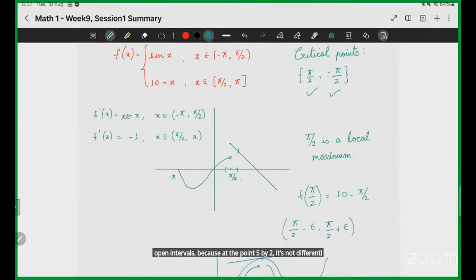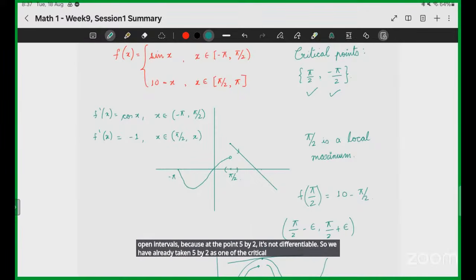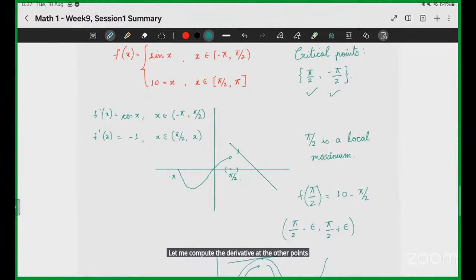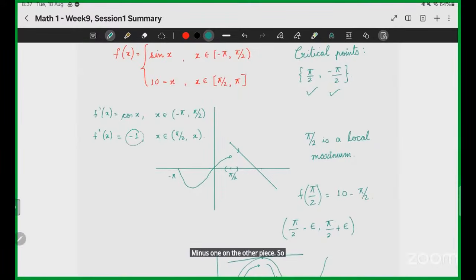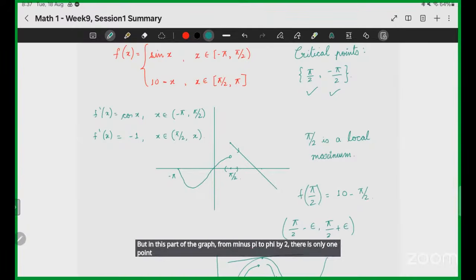So we have already taken pi by 2 as one of the critical points. Now to look at the other points where the derivative vanishes, we compute the derivative at the other points, which is cos x on one piece and minus 1 on the other piece. So this will never be 0. So the derivative never vanishes on that piece. But in the part of the graph from minus pi to pi by 2, there is only one point at which the derivative vanishes. And that is exactly minus pi by 2.